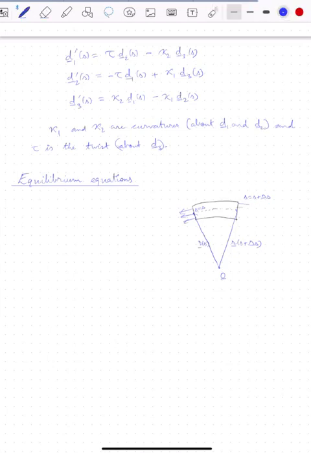Since we have cut this portion out of the entire rod, we have forces that bind or hold them together.